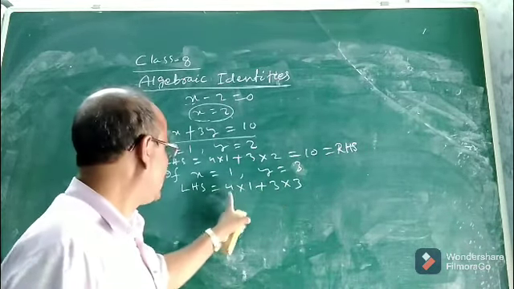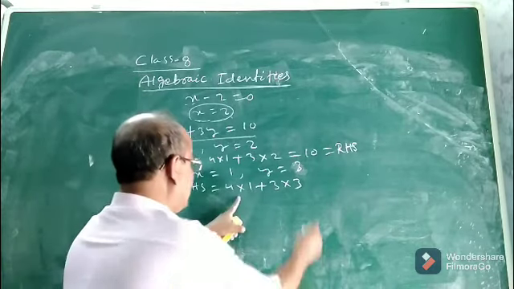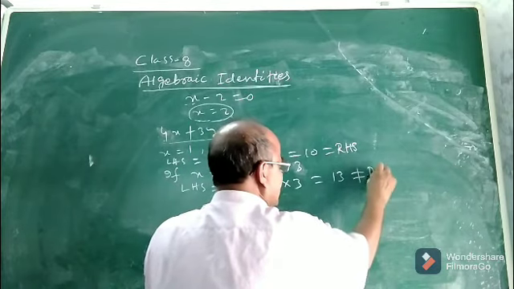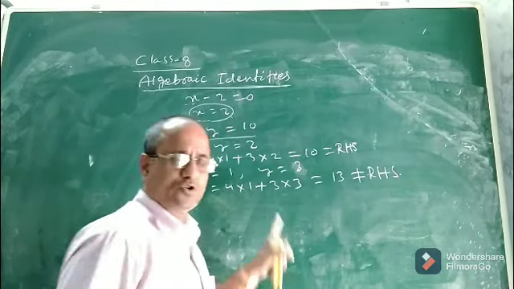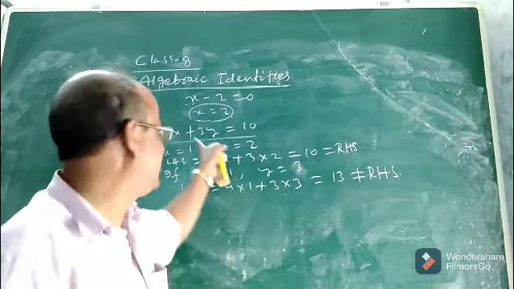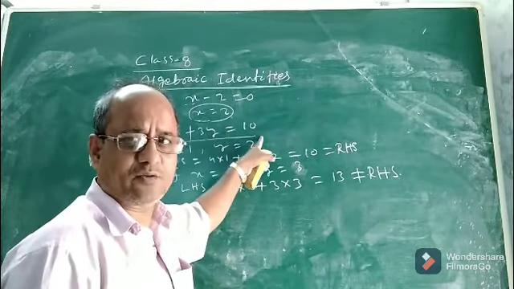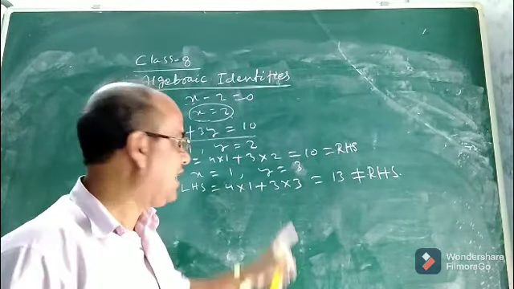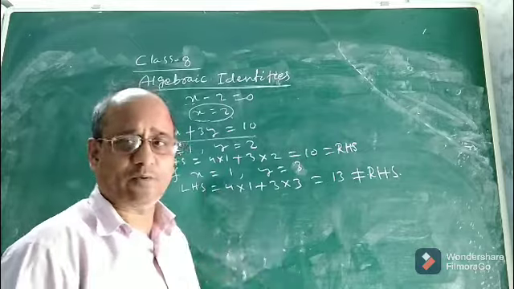Now 4 into 1 plus 3 into 3, it will be how much? 4 plus 9, 13, which is not equal to RHS. So by taking x equal to 1 and y equal to 3, we found that this equation does not hold good. But it is true only if x equal to 1 and y equal to 2.